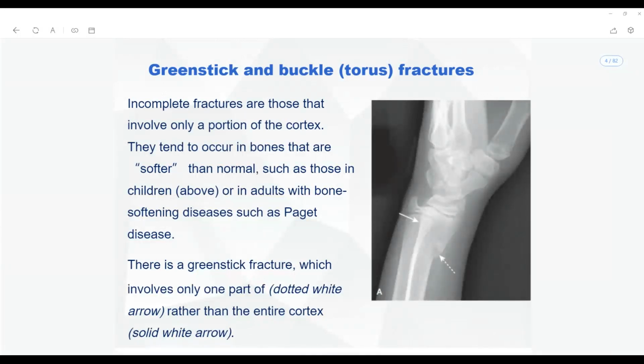Give me a minute. Okay, take a look at this radiograph and tell me where the fracture is. That's quite an easy picture though, but you tell me. Or maybe let me make it a little harder.